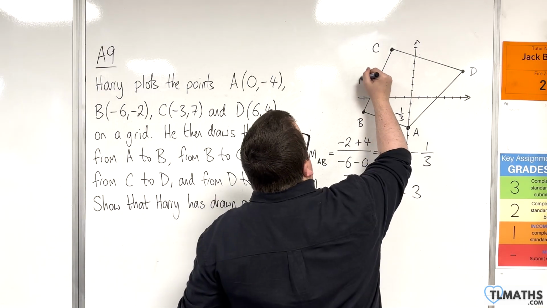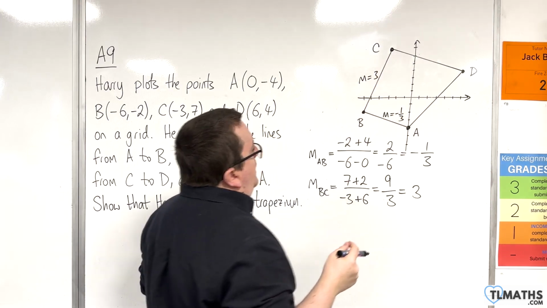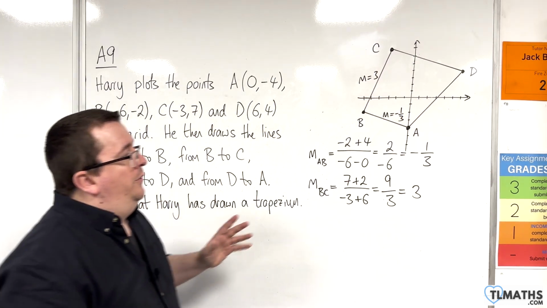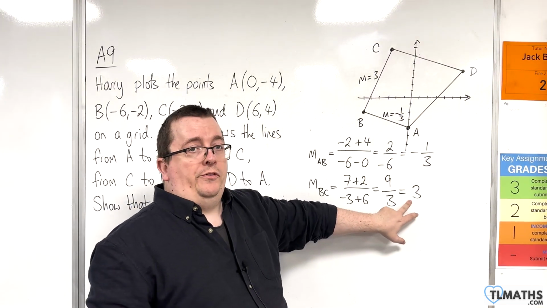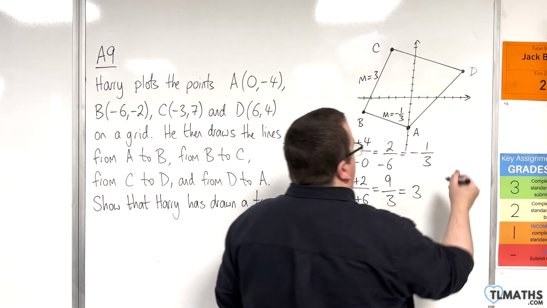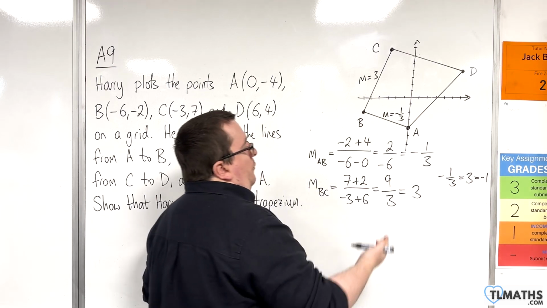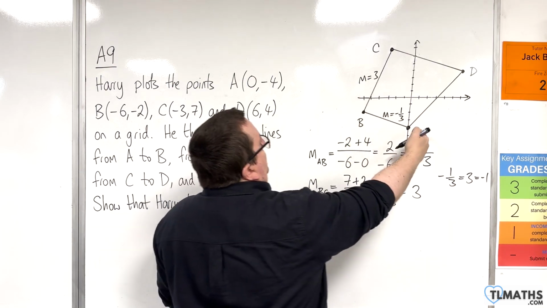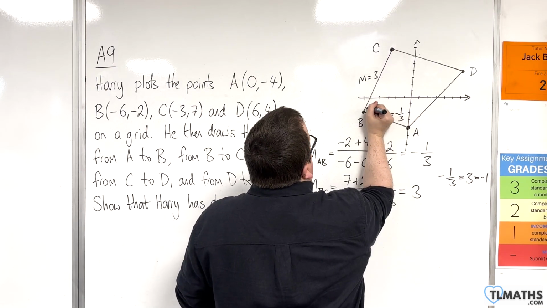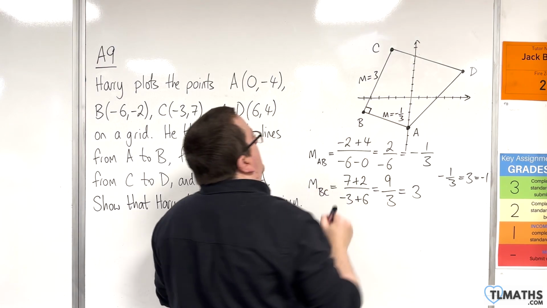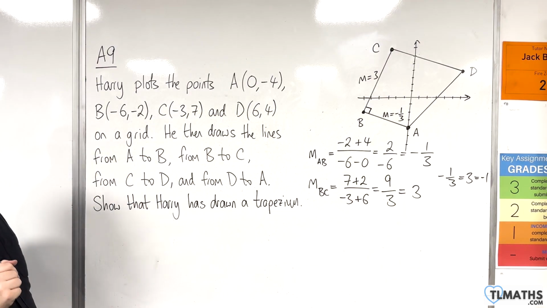What that's telling you is that because -1/3 times 3 is -1, these are negative reciprocals of one another, which means that these two lines are perpendicular, and so they are at right angles to one another.